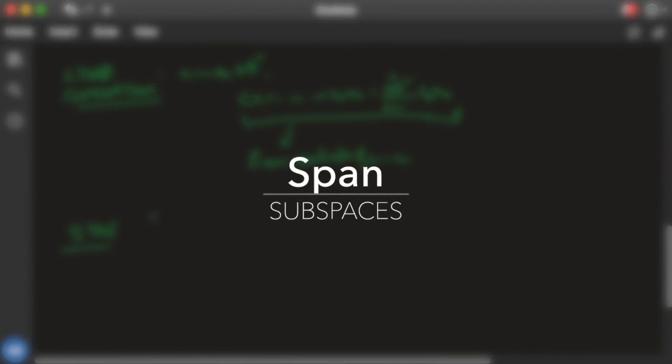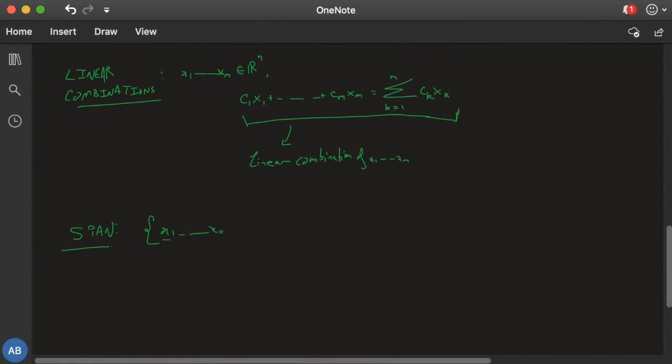That is, if you're given m vectors, x1 down to xm, and you're asked to compute the span of this collection, well, the span of a set of vectors x1 down to xm is equal to the set of c1x1 plus down to cmxm, where c1 down to cm belong to R. So you grab the vectors, you multiply each by a scalar, then you add them up, and you allow all the scalars to move in R. Even more, the span is a subspace of Rn.